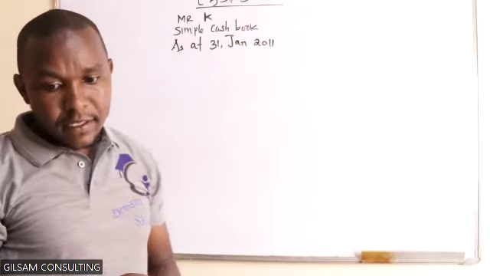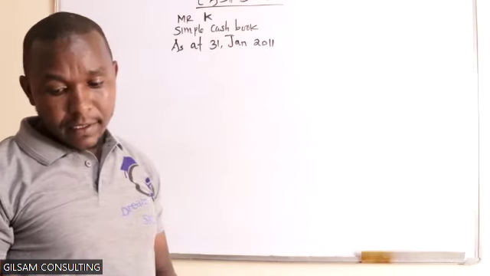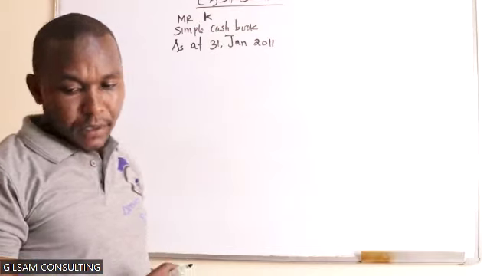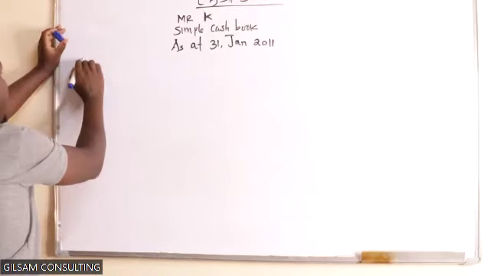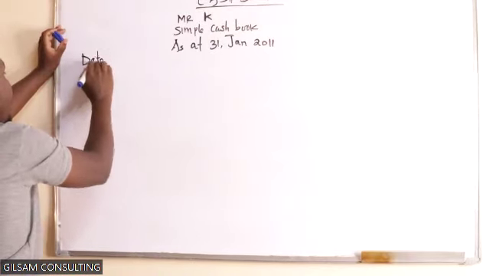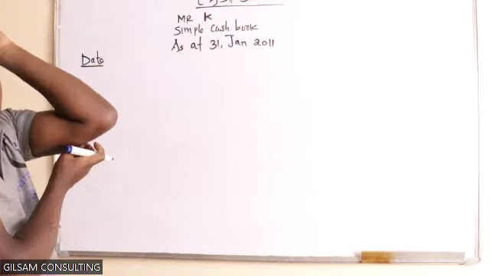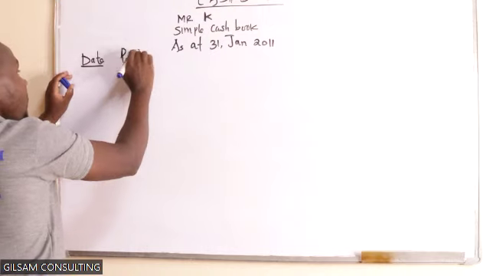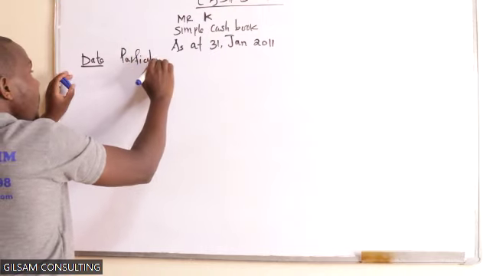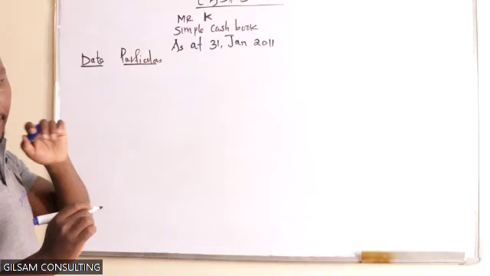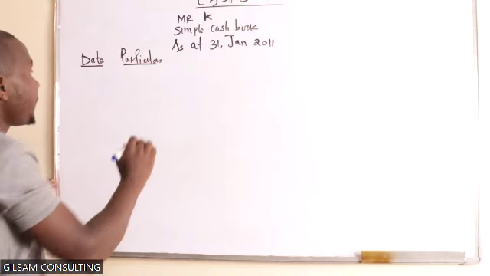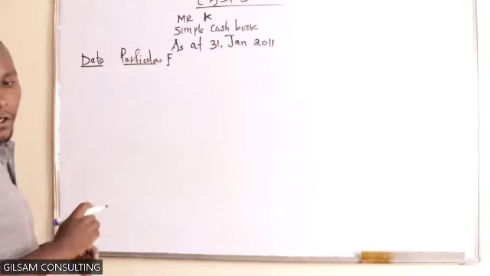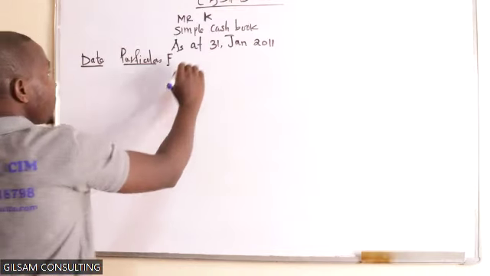So we will have our date here. After date, particulars, and then the folio page, and then after folio, the amount.